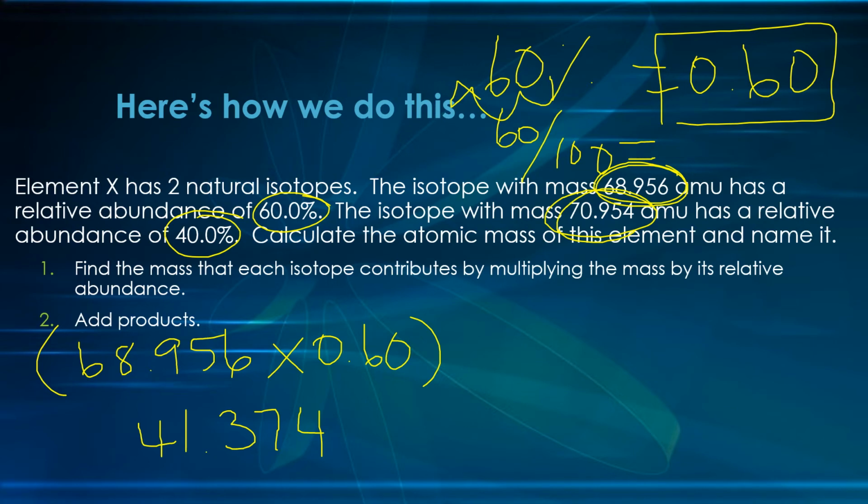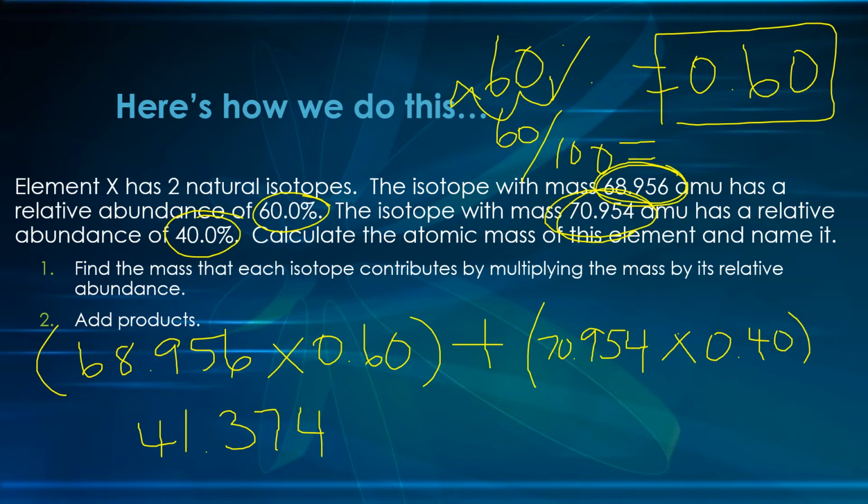So now to finish up with this average atomic mass, I'm going to add the second isotope. Its mass is 70.954, and I'm going to multiply it by its percent abundance, which was 40%. Now remember, I don't want to do the percentages in my calculator, so I just move that decimal 2 places to the left, and it's the same as 0.4.